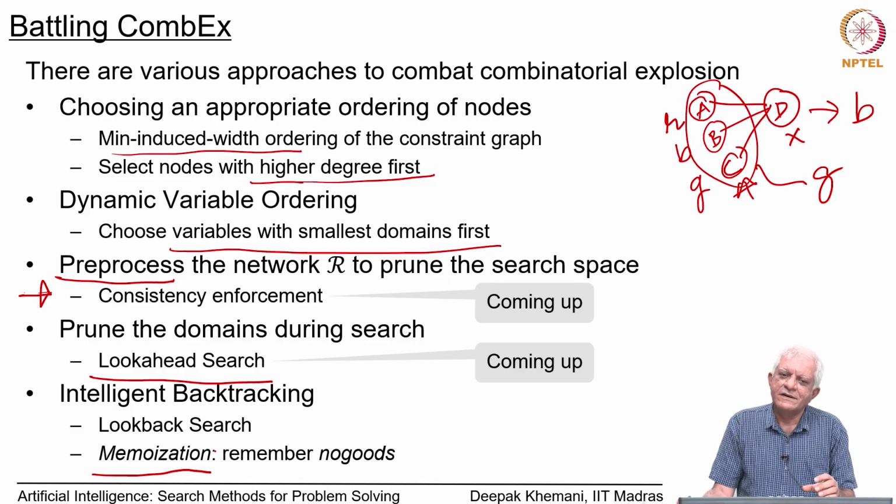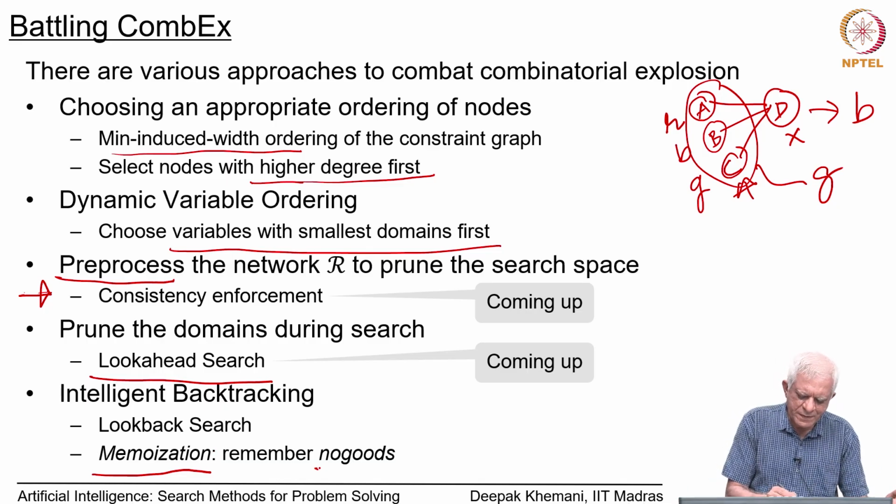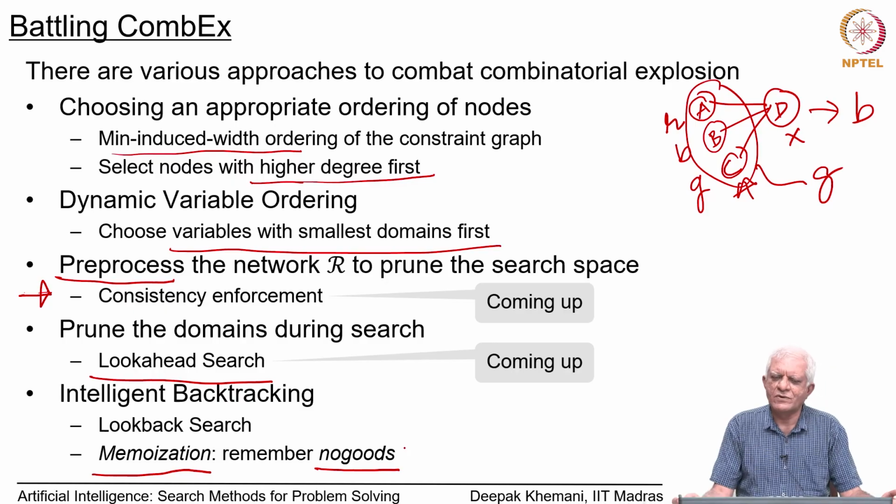If you keep a memory of such things, which is done by a process called memoization, you keep a memory of what are called no goods. So, no goods are partial assignments which cannot be extended to a solution. Then if you are backtracking and you reach a no good, then you do not even try something, you just go back and try something else.